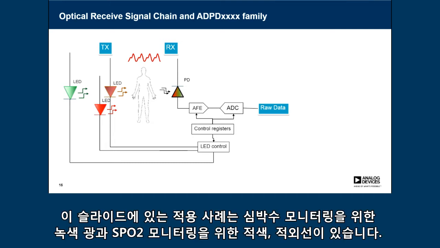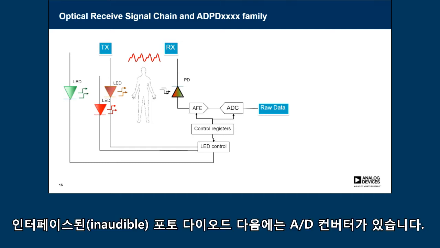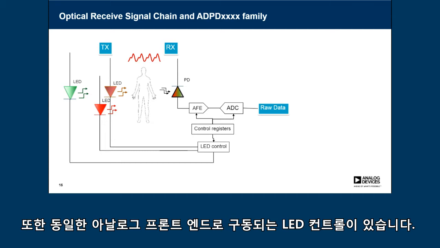In the use case on this slide, we have green light for heart rate, and red and infrared for SpO2 monitoring. The photodiode is interfaced to an analog front end, followed by an A-to-D converter, and you also see that we have the LED control, which is driven out of the same analog front end.